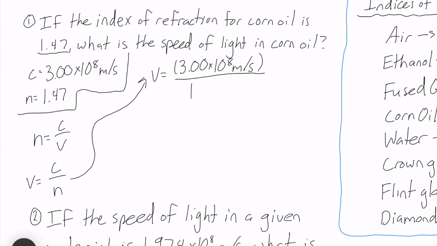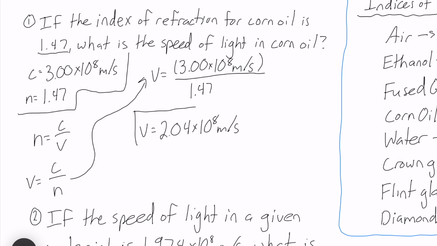So that's 1.47. And if you type in 3.00 times 10 to the 8 divided by 1.47, you should get an answer of 2.04 times 10 to the 8 meters per second.